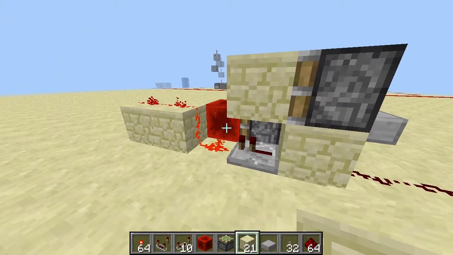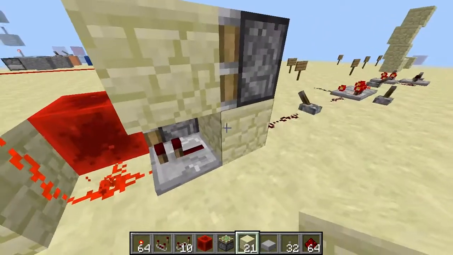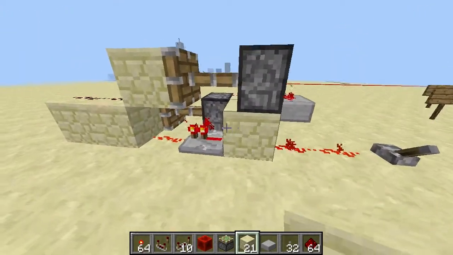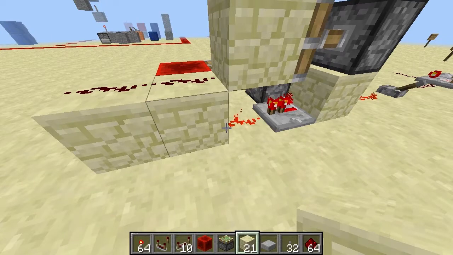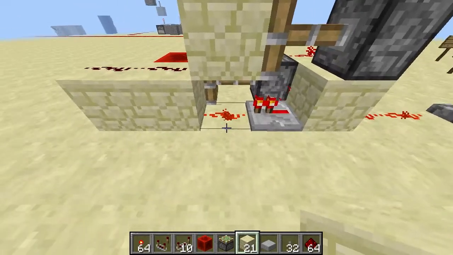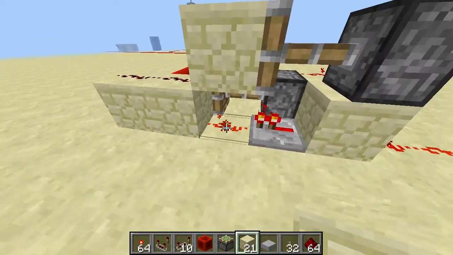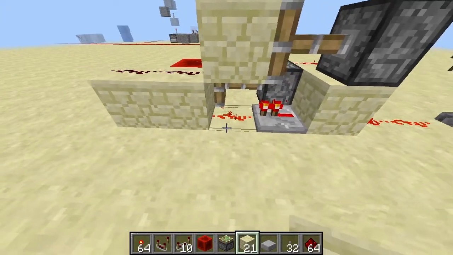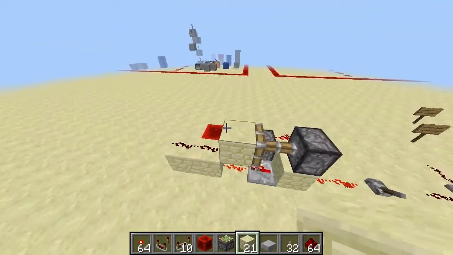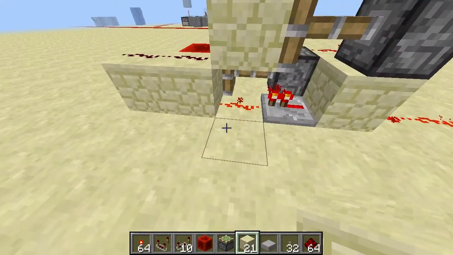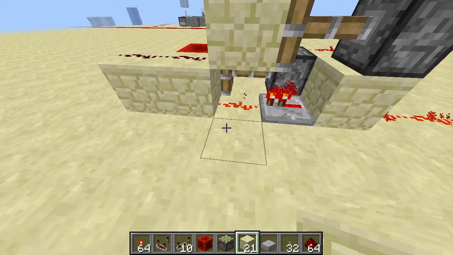So yeah, it's in this state. When the input is on, the redstone repeater is trying to power the output. I'm just trying to think.